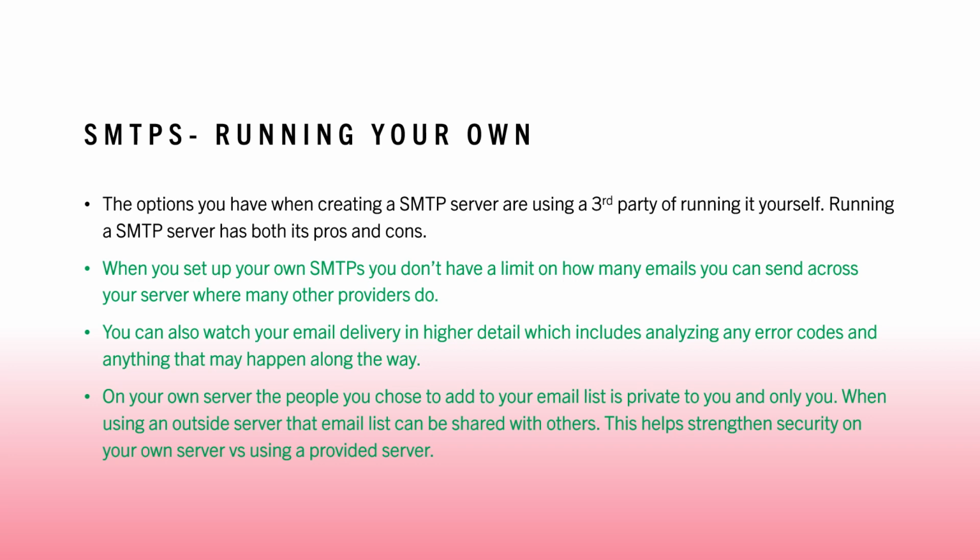Having your own server means you can also watch your email delivery in higher detail, which includes analyzing any error codes and anything that may happen along the way. On your own server, the people you choose to add to your email list become private to you and only you. When using an outside server, that email list can be shared with others. This helps strengthen security on your own server versus using a provided server.